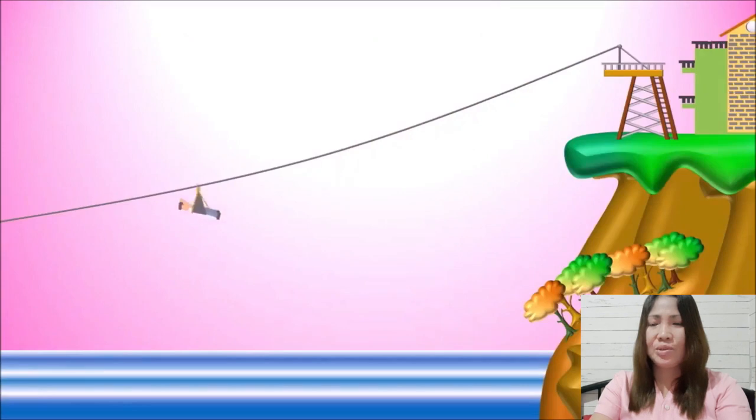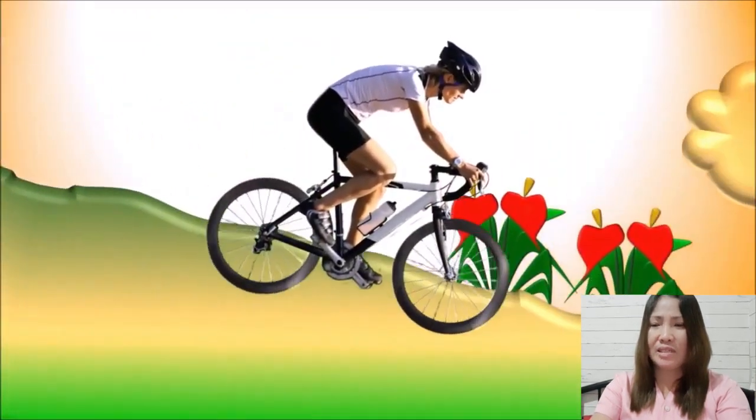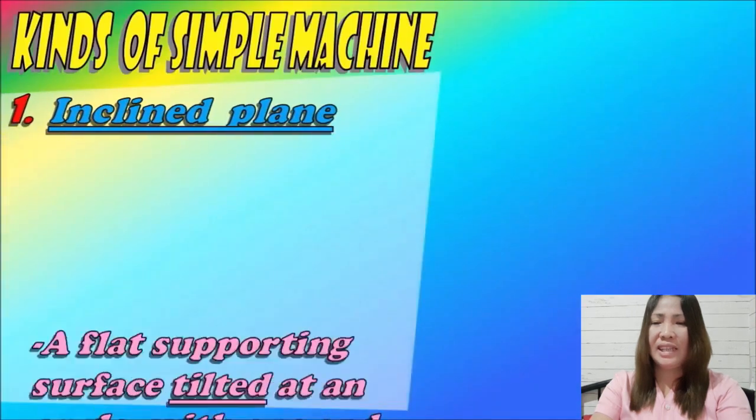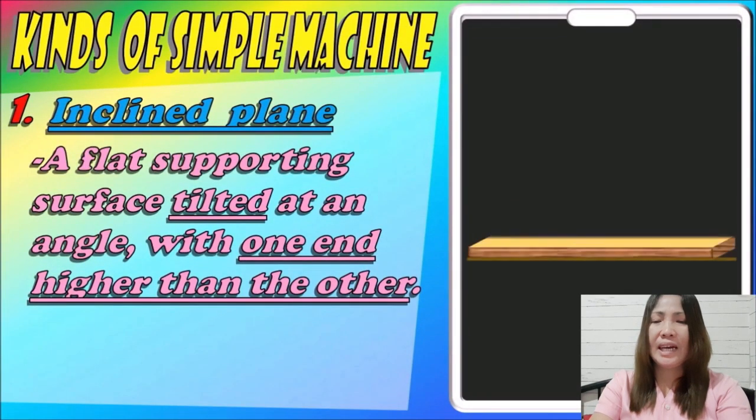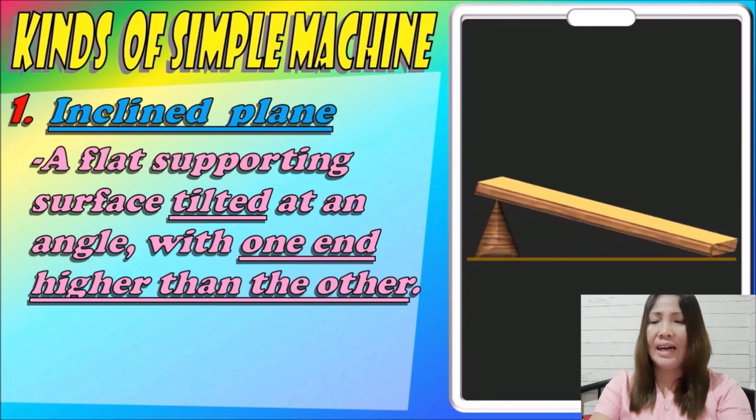We are also going to study the different kinds of simple machines. An inclined plane is a flat supporting surface tilted at an angle with one end higher than the other.